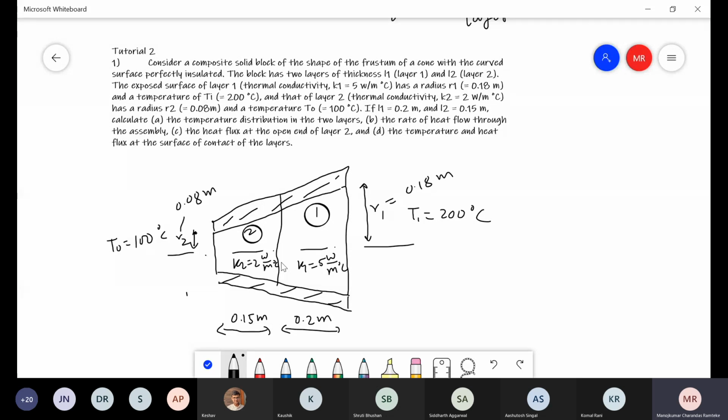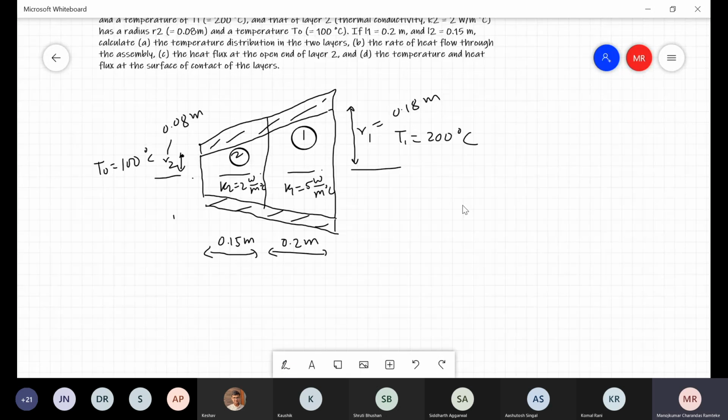Okay, correct. So what we have to do here, we are looking at the temperature distribution in both the parts, and clearly the heat transfer is taking place in a radial direction where the surface area is going to change as we move from left hand side. So let's say just for simplicity, let us assume that our x is in this direction.